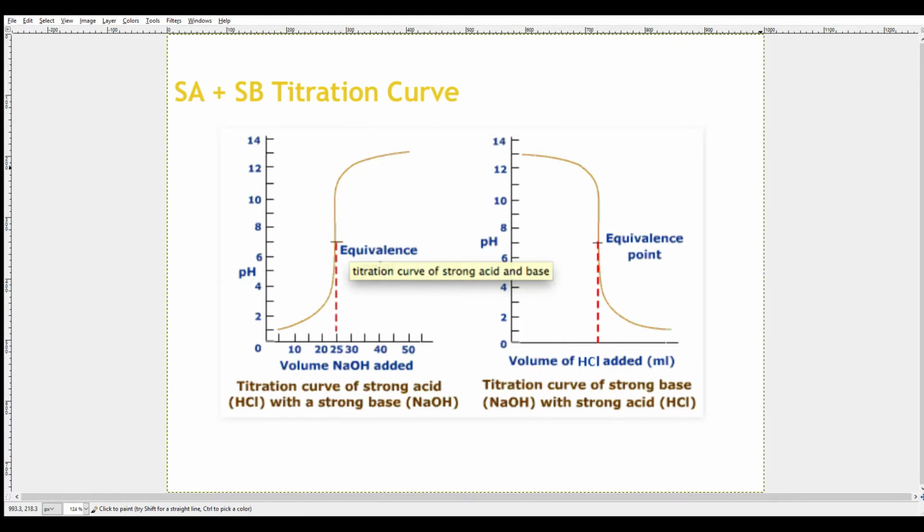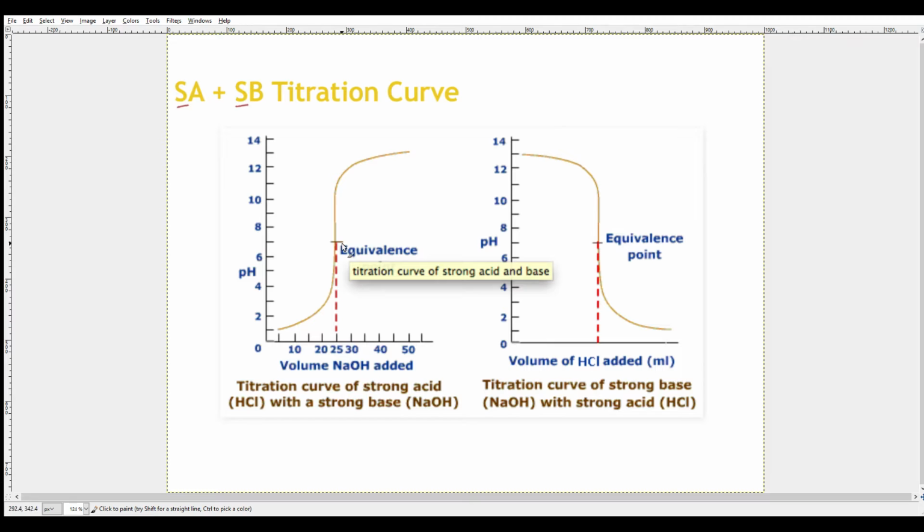Here is an example titration curve when you have two strong substances added together. You start off with the initial concentration of the unknown, and you've got its pH, so you're able to read that. As you add NaOH to the solution, the pH gets more and more basic, which makes sense because it's sodium hydroxide that makes it more basic.